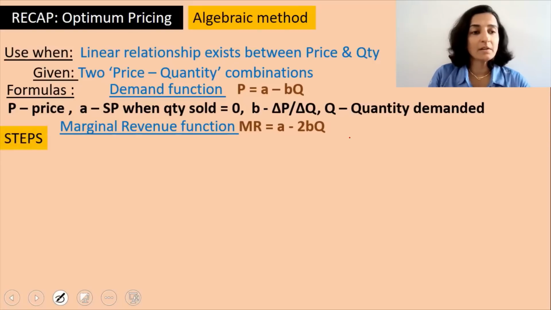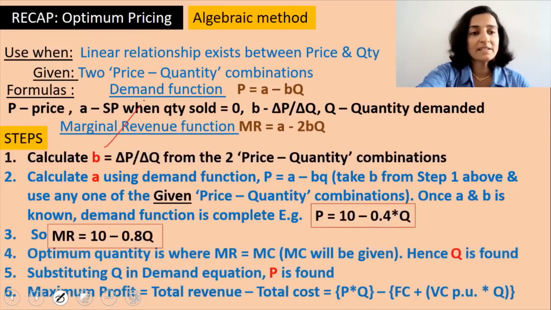And the steps that have to be adopted are, first calculate B, that is change in price divided by change in quantity. And how do we find out the change in price and change in quantity? From the two price quantity combinations that will be given in the question. Then you have to calculate A using the demand function P is equal to A minus BQ.